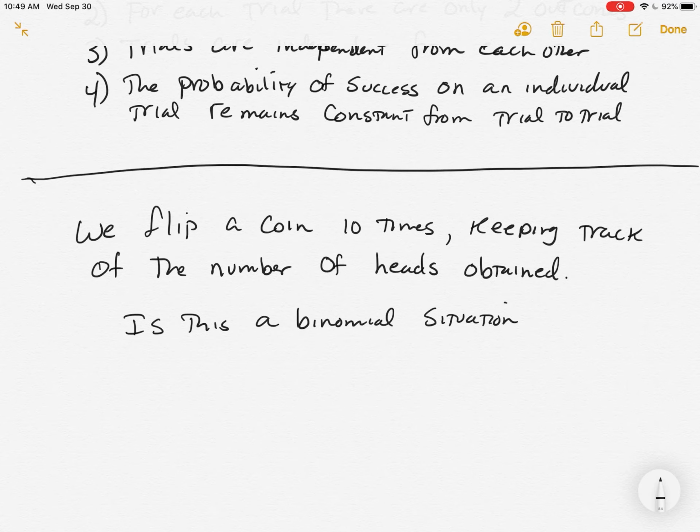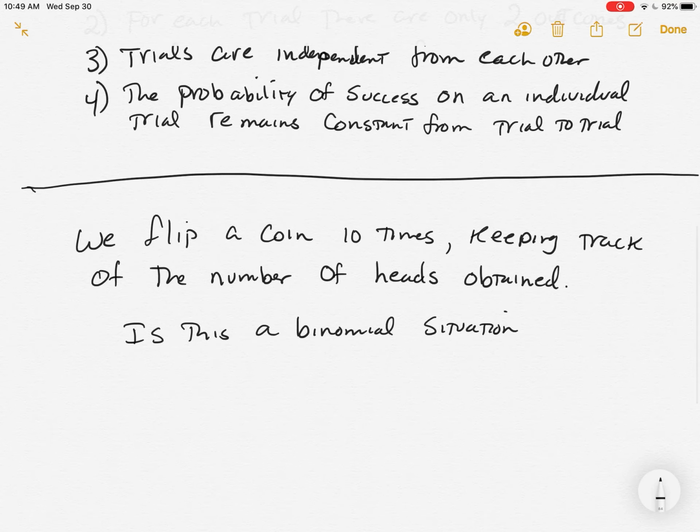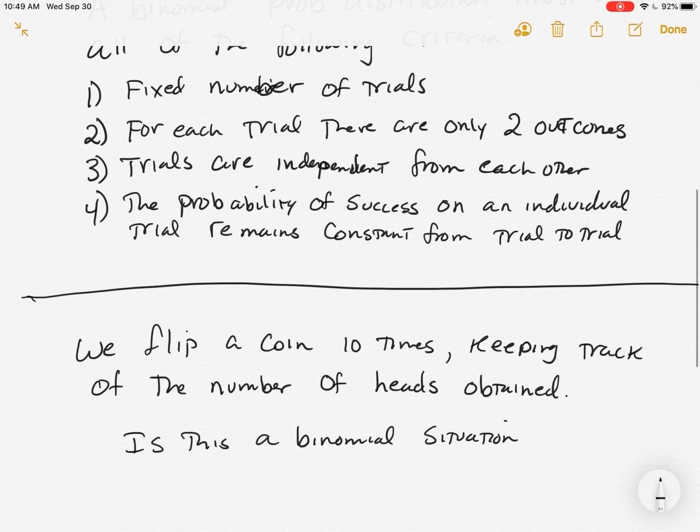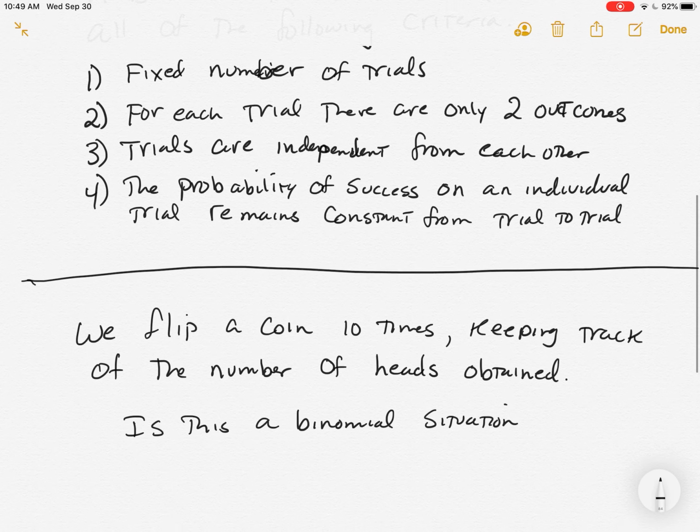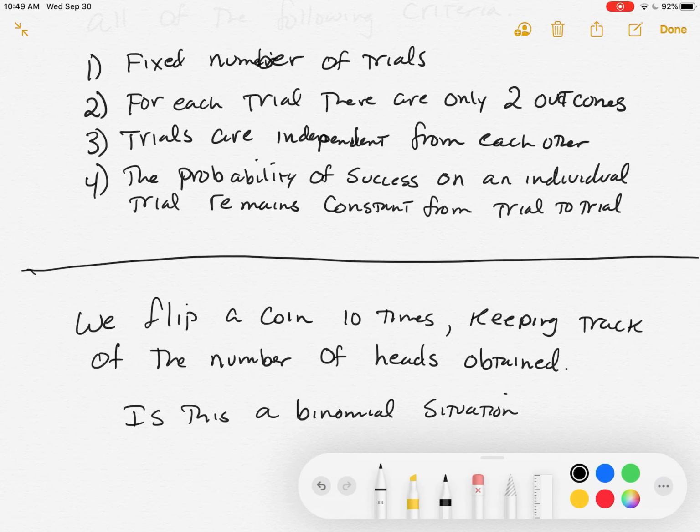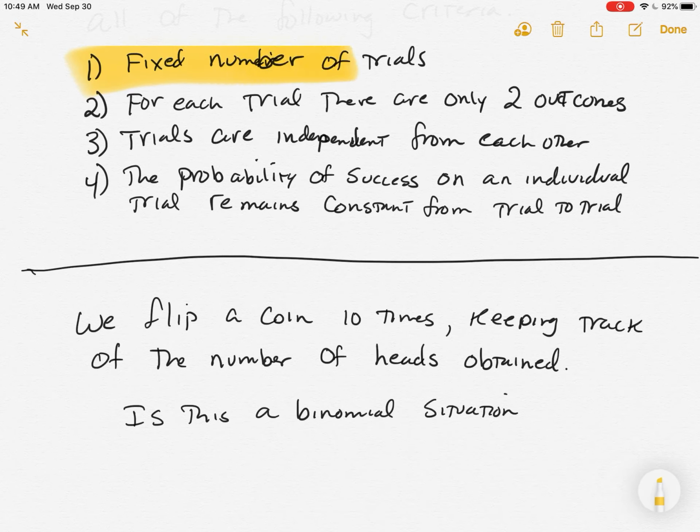So we need to go and check out each one of these. So the purpose of the example is not just to say yes or no, it's to have you understand what each of these numbers mean, right? And what I mean by numbers, each of these criteria that need to be met. So let's focus on criteria number 1. Fixed number of trials. That means that a trial is how many times we're doing something. Maybe we're selecting people.